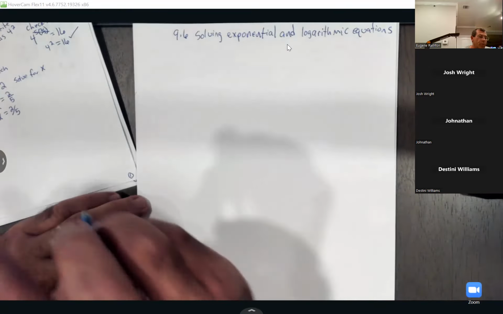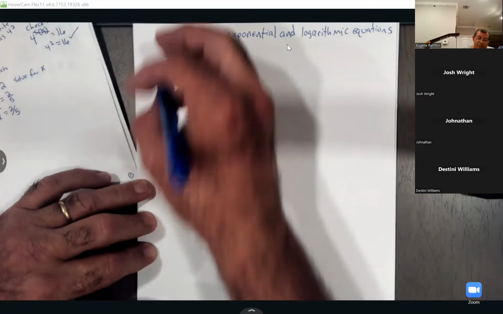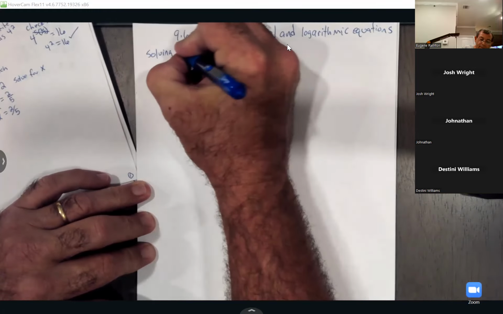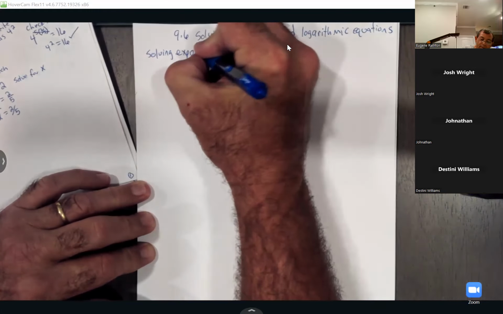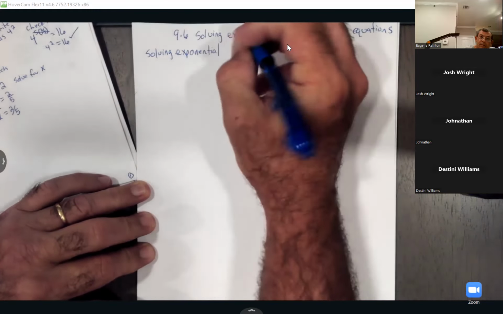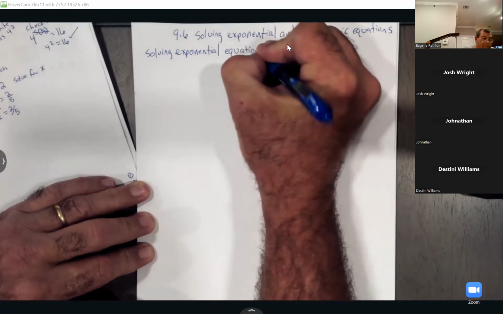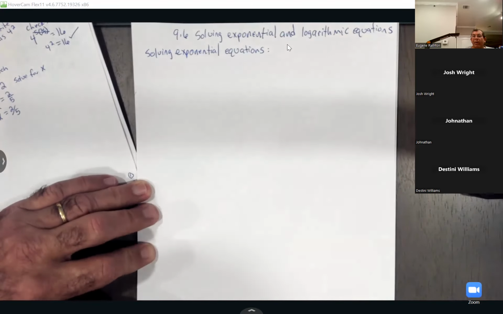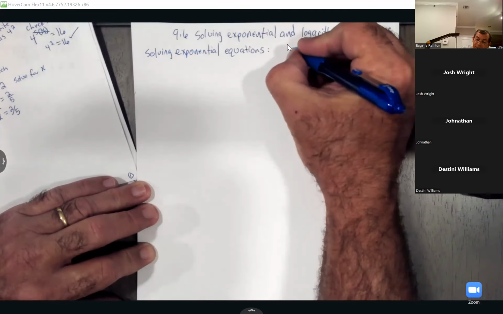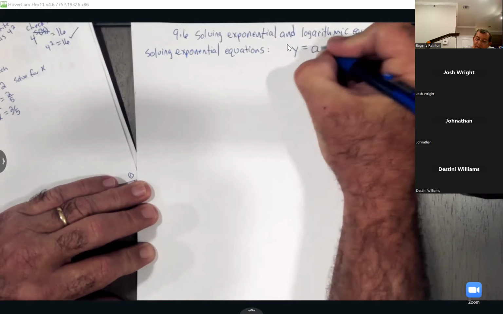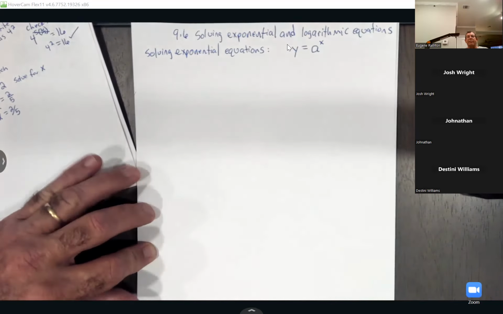All right, y'all. So first, we're going to start with solving the exponential equations. Now remember, exponential equations come in this form where we got y equals a to the x.